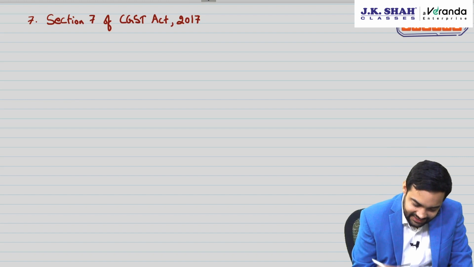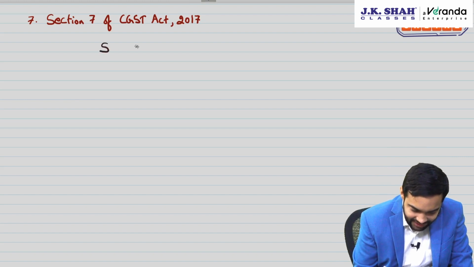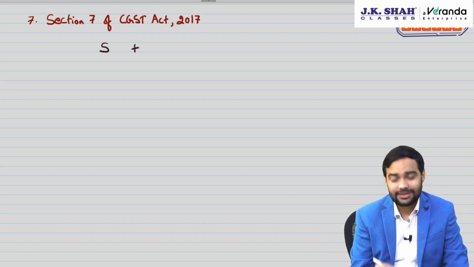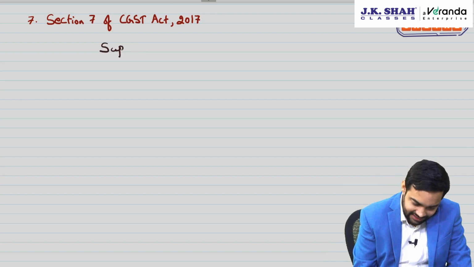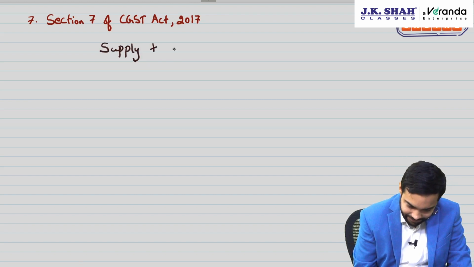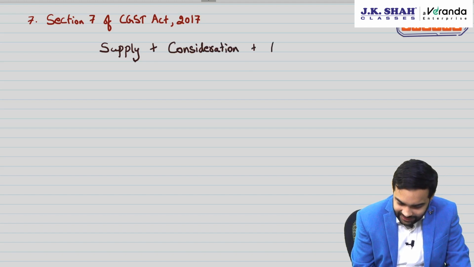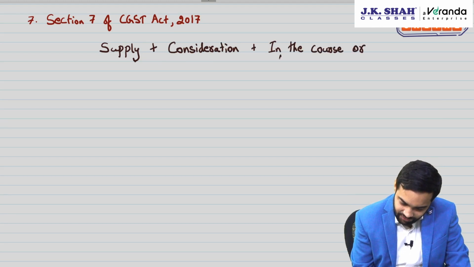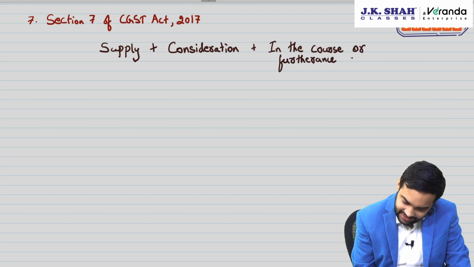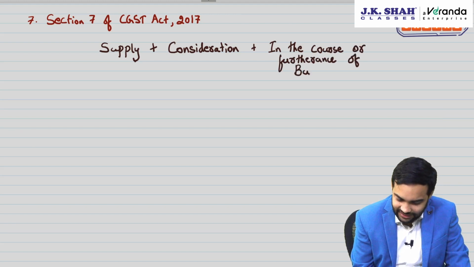Now the law says that if 3 conditions are met, then it becomes a supply under section 7. There should be a supply for consideration, and it should be in the course or furtherance of business. If all these 3 conditions are met, then the transaction is regarded as a supply under section 7.